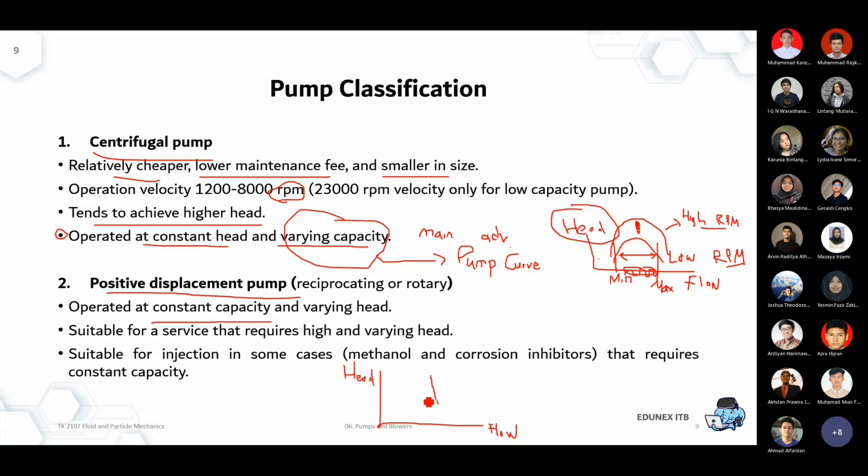Okay, almost like a line. So the minimum and the maximum is very narrow. Okay, that's the minimum flow rate and that's the maximum flow rate. Okay, so please compare the PD pump and the centrifugal pump like this.